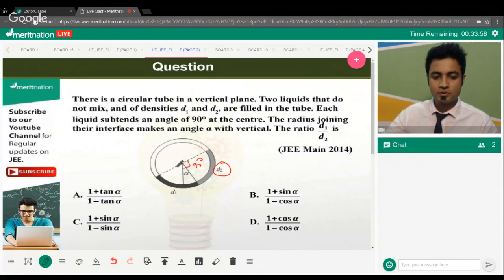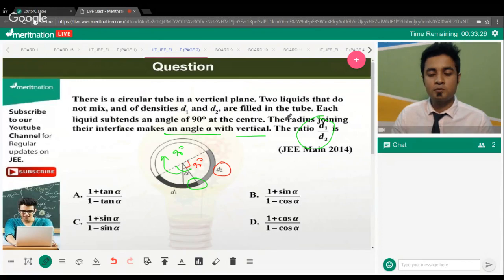The radius joining the interface makes an angle alpha with the vertical. Here this is the liquid to liquid interface, making some angle alpha with the vertical line. You have to calculate the ratio of d1 upon d2. This question was asked in JEE Main 2014.